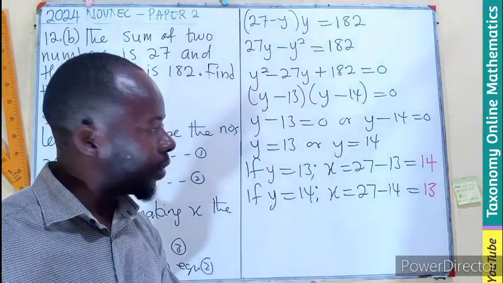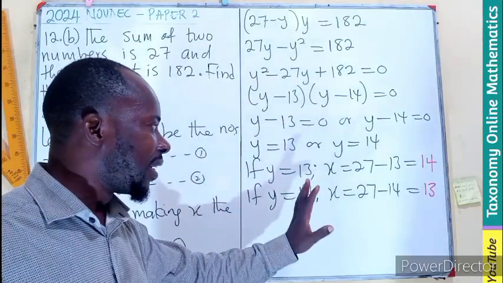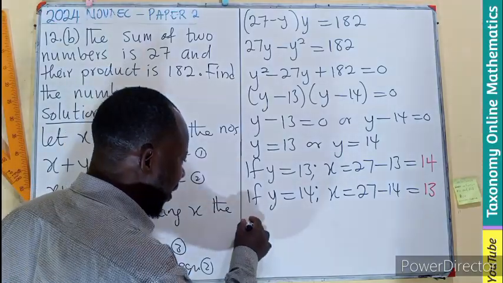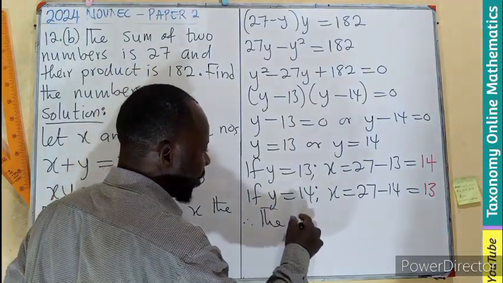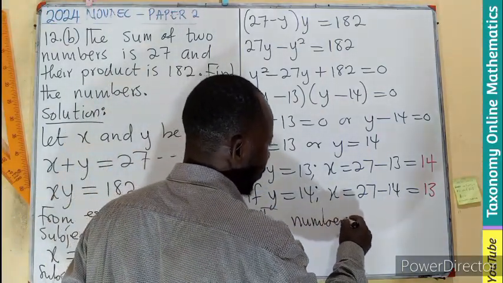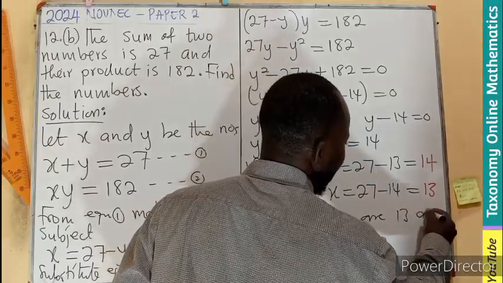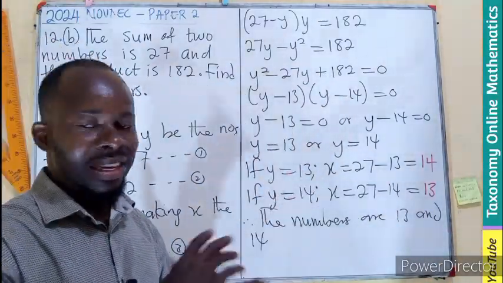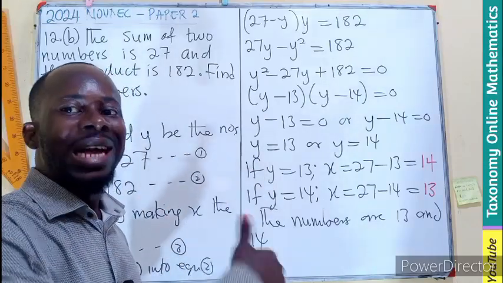Just the numbers we're looking for. You can see in alternating, the numbers we have is just 13 and 14. So I will say that, therefore, the numbers are 13 and 14, or 14 and 13.